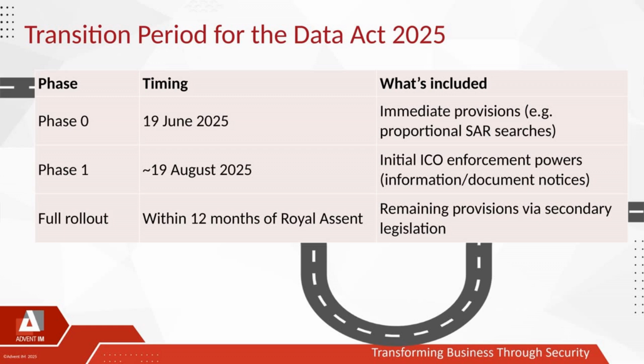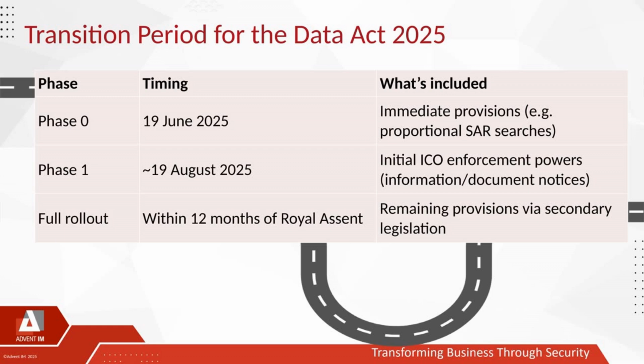By August 2025, there will be initial enforcement powers. The Information Commissioner's Office will transition to the Information Commissioner, and we will have new enforcement powers around information and document notices coming into force.